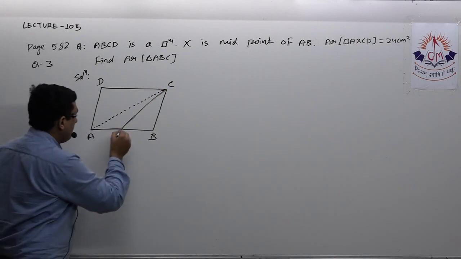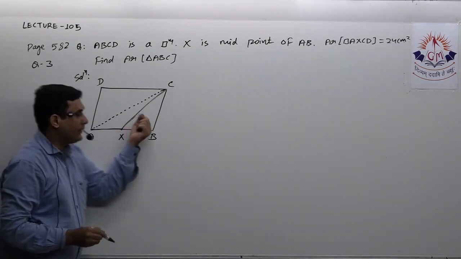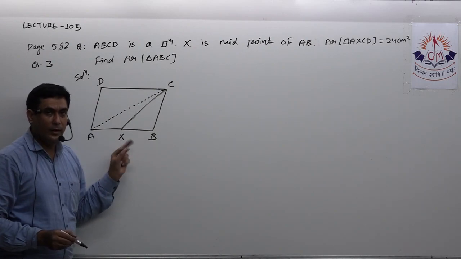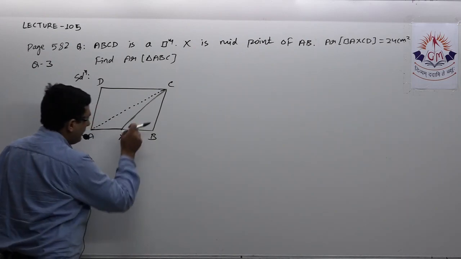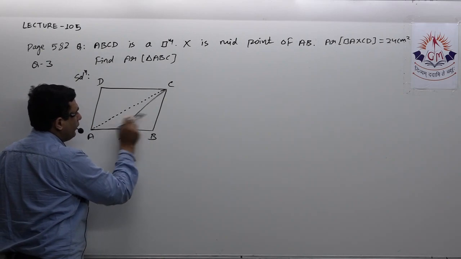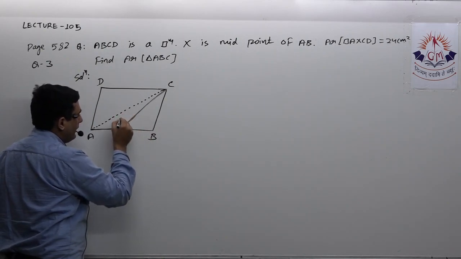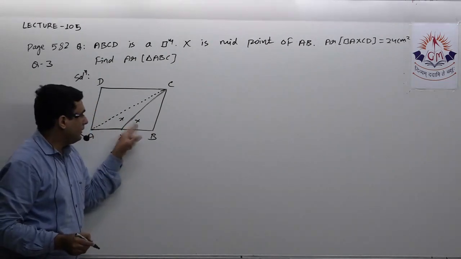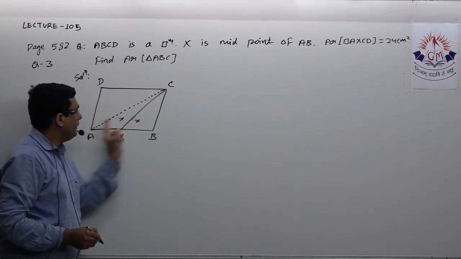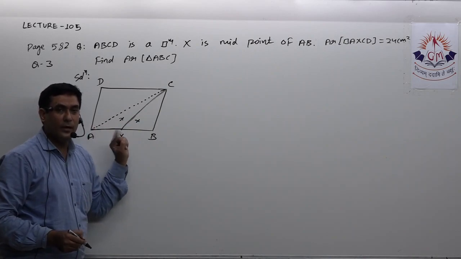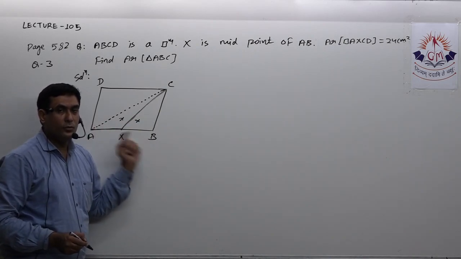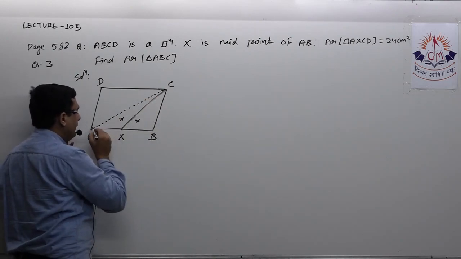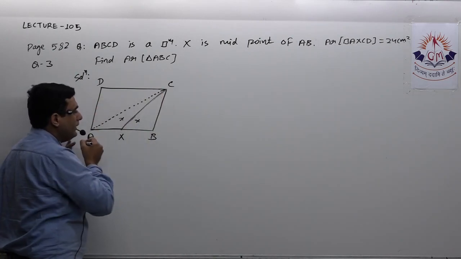X is midpoint of AB, that means CX is the median, and we know a median divides a triangle into two triangles of equal area. So these two triangles have equal area. For a while, let them have area equal to x. Now we also know that the diagonal AC of a parallelogram divides it into two triangles of equal area. That means area of triangle ABC must be equal to area of triangle ADC.